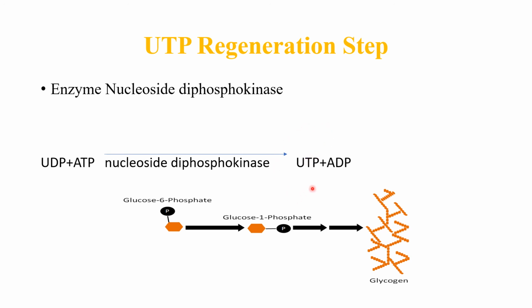The enzyme nucleoside diphosphokinase uses an ATP molecule to attach a phosphate onto the UDP molecule and create a UTP molecule and an ADP molecule. Once we generate the supply of UTP, this process continues and we can continually build that glycogen polymer. And here, this is a little picture where we see a branched glycogen molecule.